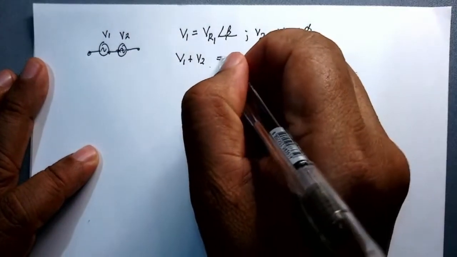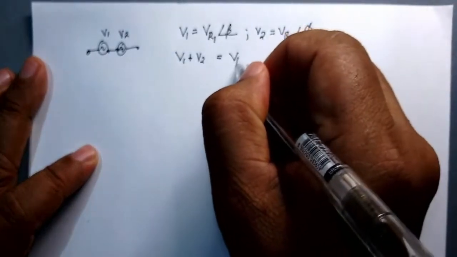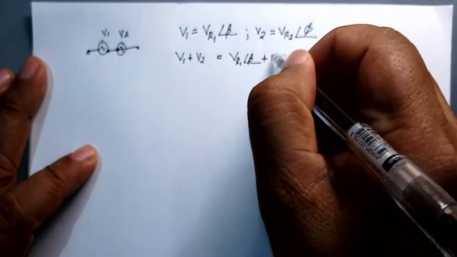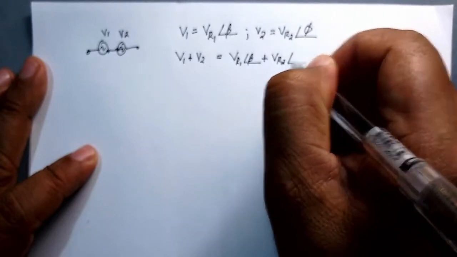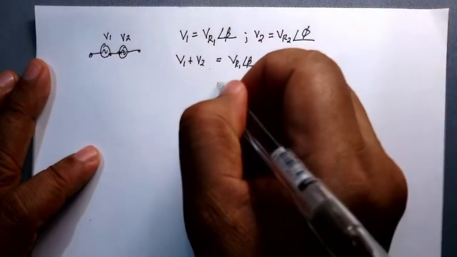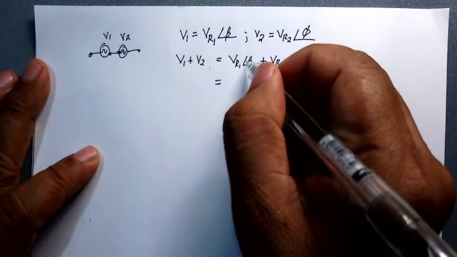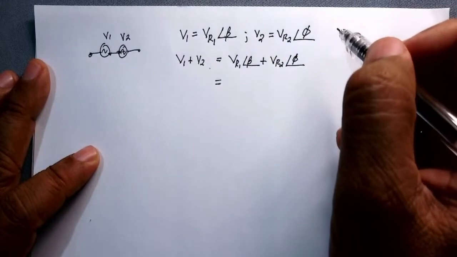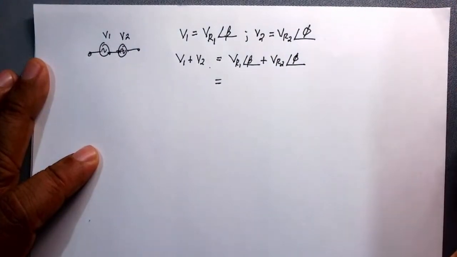B sub 1 plus B sub 2 is simply B sub R1 cis of beta plus B sub R2 cis of phi. If we are going to expand this angle, beta, cis is the short term for cosine plus J sine, where the cosine is the real part and the sine is the imaginary part.